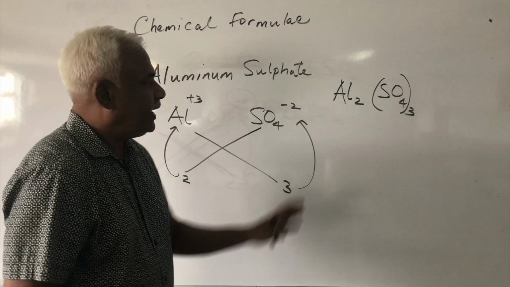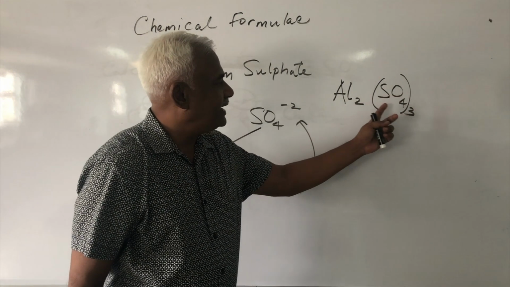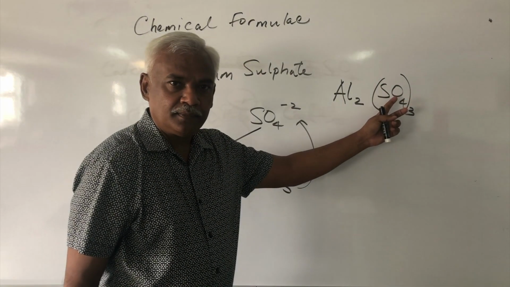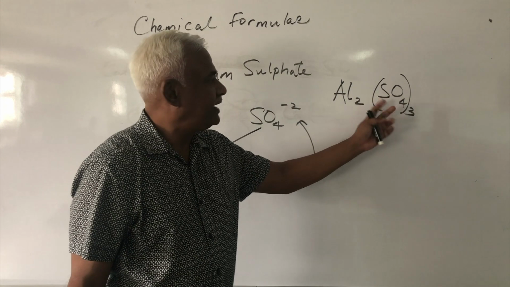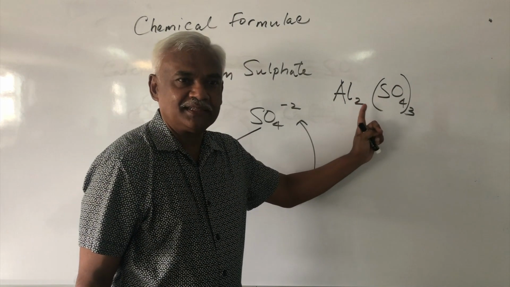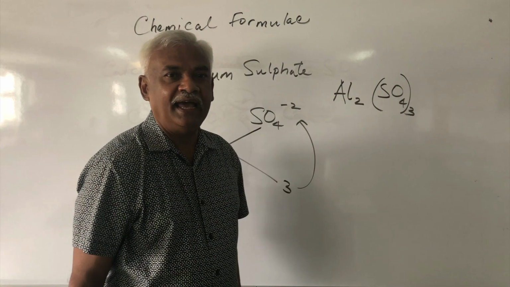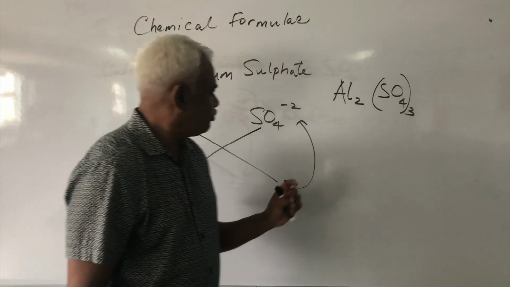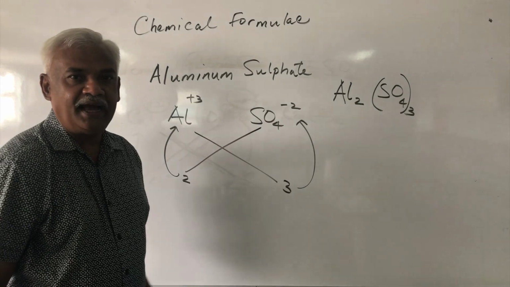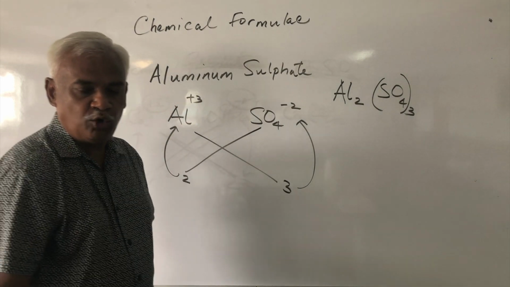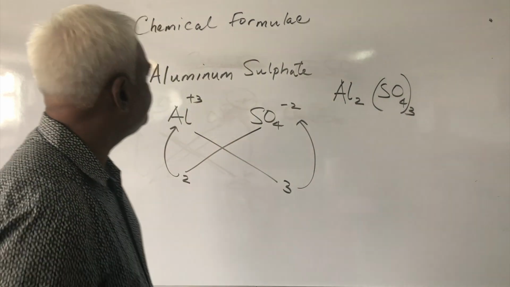Al2(SO4)3. Now, whenever we have an anion looking like this, which is more or less complex, we put brackets to show the number of the anions. In this case, 3 sulfate anions. All right? Aluminum sulfate. Let's try another.